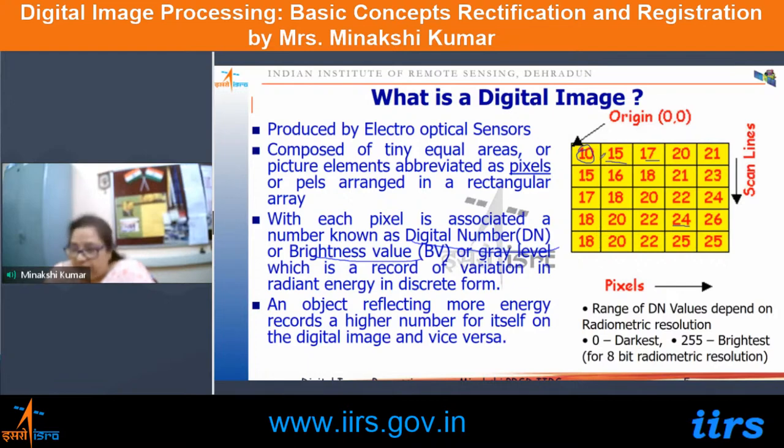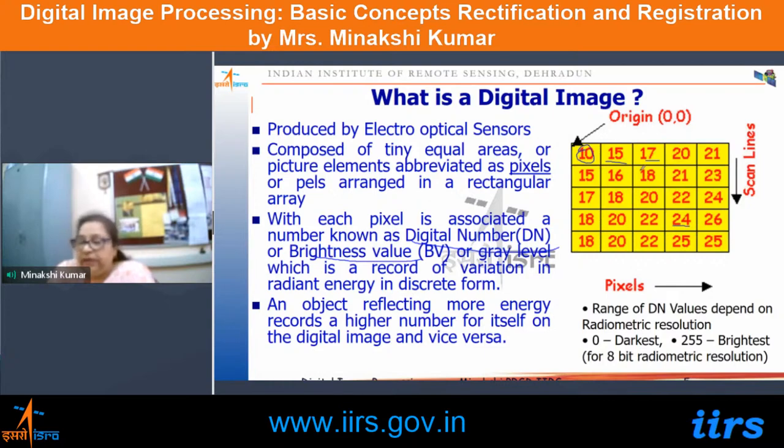The size of the pixel depends upon the spatial resolution, and the range of the values depends upon your radiometric resolution. If it's an 8-bit radiometric image, that means 2 raised to power 8, 256 different quantization levels, 256 different brightness levels will be there.